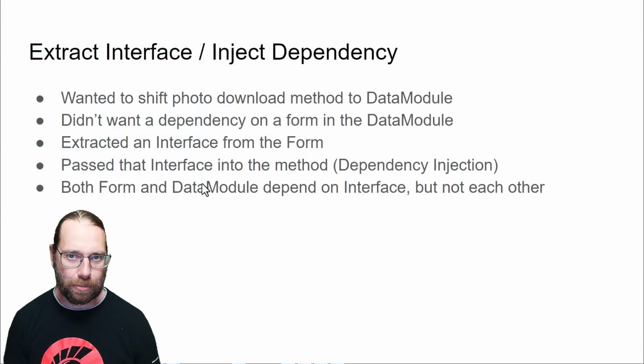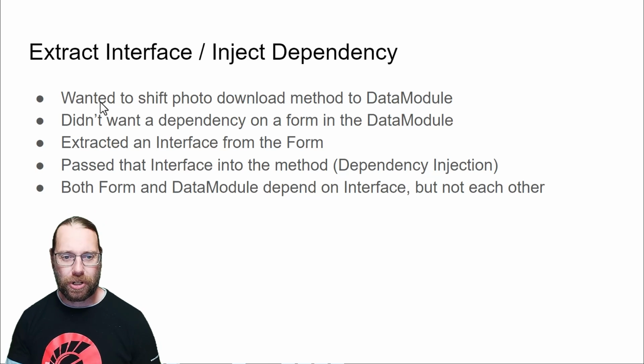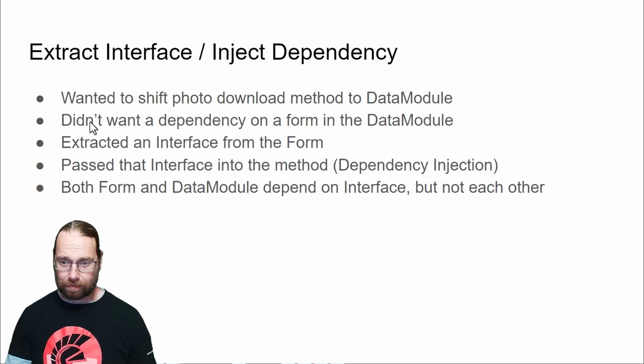So that last example was a little bit convoluted, but effectively we wanted to shift the photo download method to the data module, but it had a form in it, a VCL form, and we don't want to reference forms from data modules. Generally speaking, I always want the reference to be in the reverse, always from a form to a data module, never a data module to a form. And so we extracted an interface from that form, and we passed that interface into the new method.